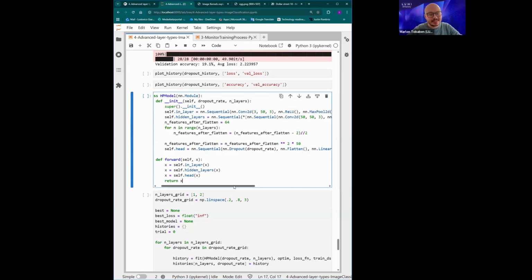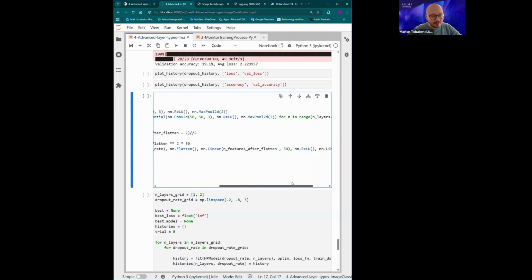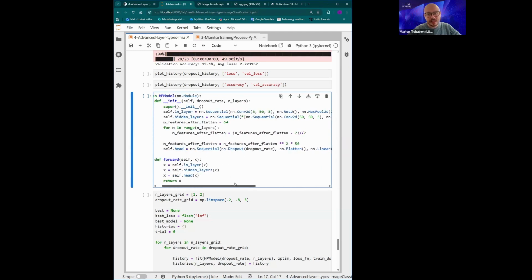So I think this is exactly this aspect here. How do I pick dropout? How do I pick the layers? How do I pick stuff like learning rate? All of this. I just briefly emphasized this here.